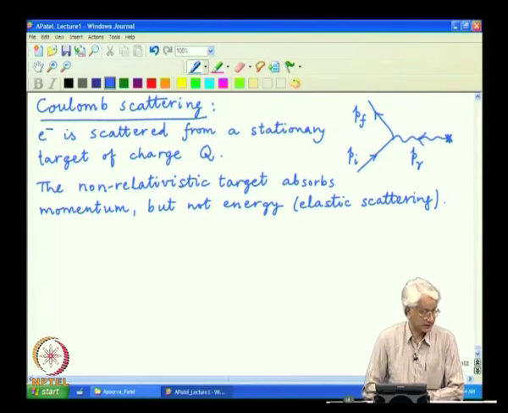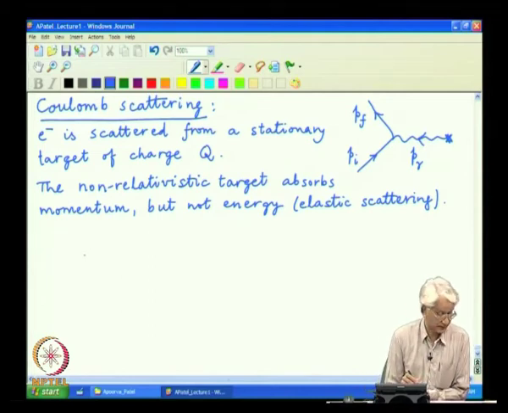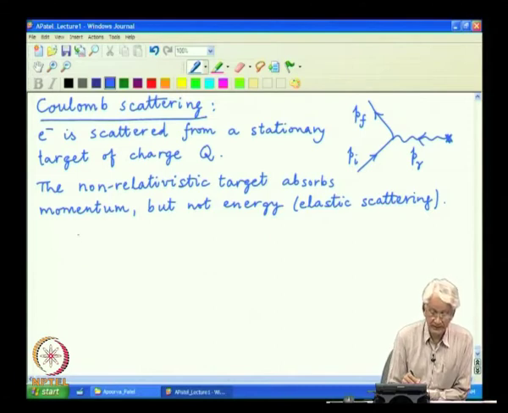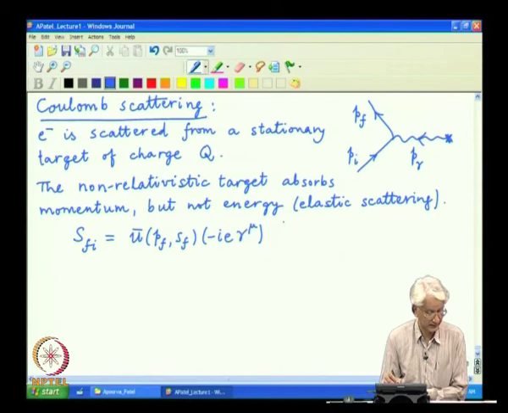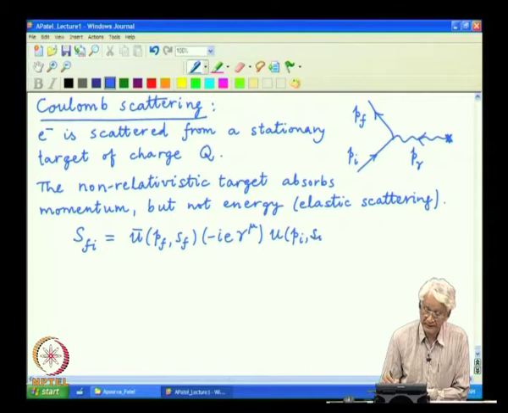So, what is the scattering amplitude? Well, we have seen all the rules. We will just write it down explicitly. So, there is the matrix element S_fi, which can be written as the various factors of incoming and outgoing state. There is only one vertex, which brings in a factor of minus i e gamma^mu and u(p_i).